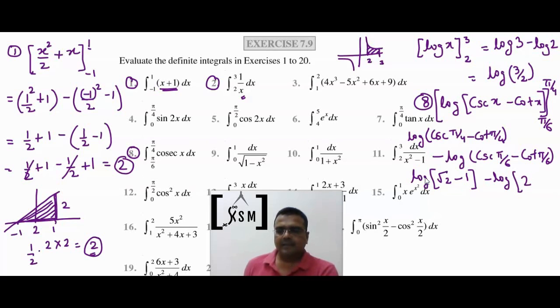So cosec is 2 minus cot pi over 6 will be root 3. Hope it is clear. So applying the log property, we get log of root 2 minus 1 divided by 2 minus root 3, right?